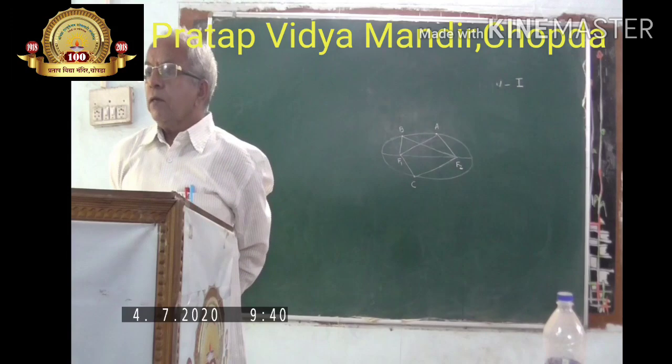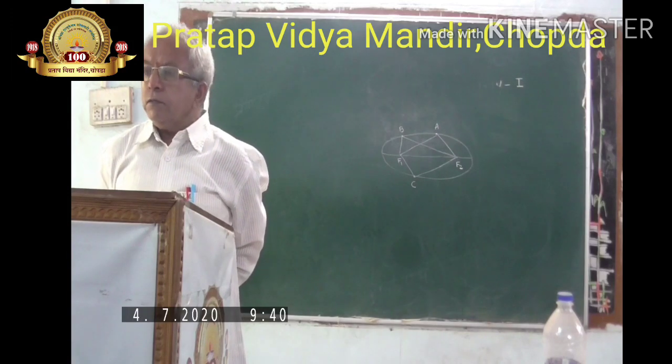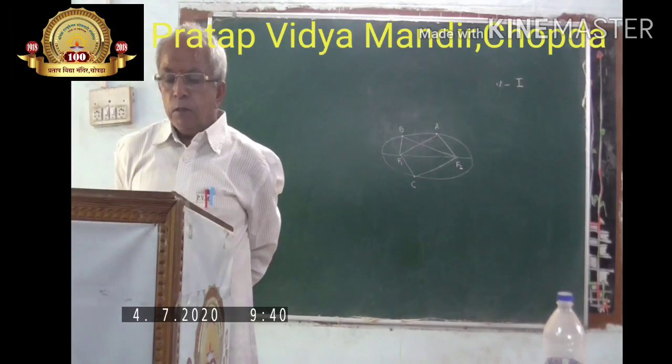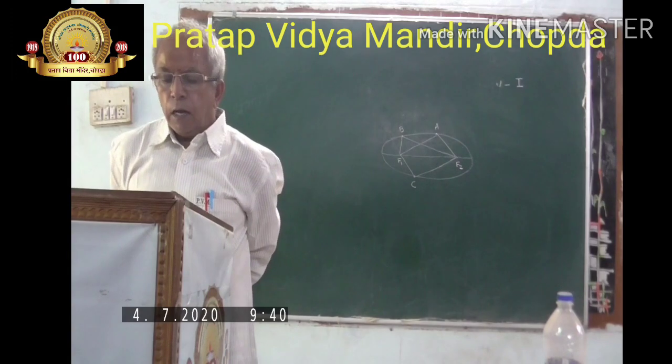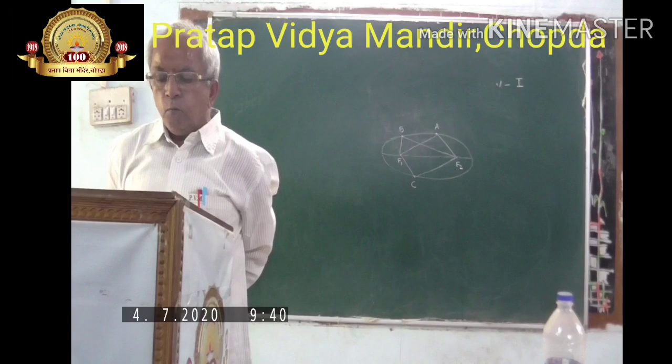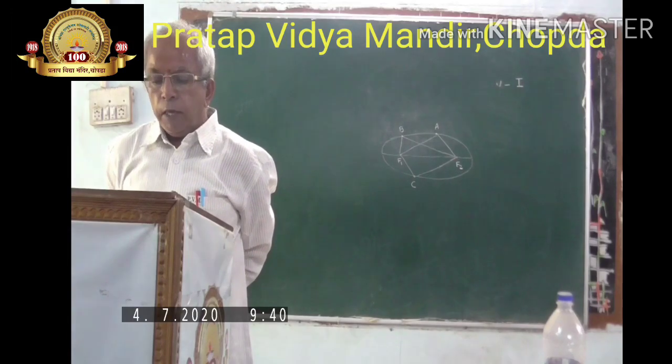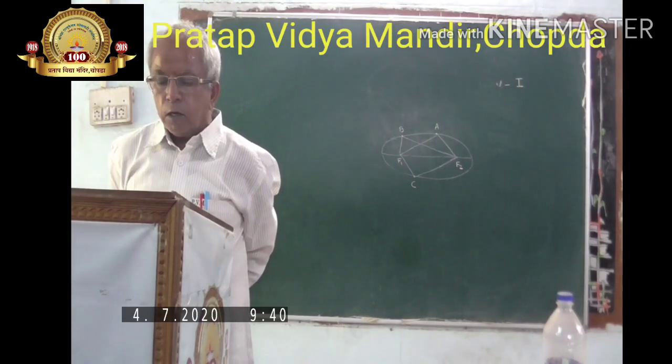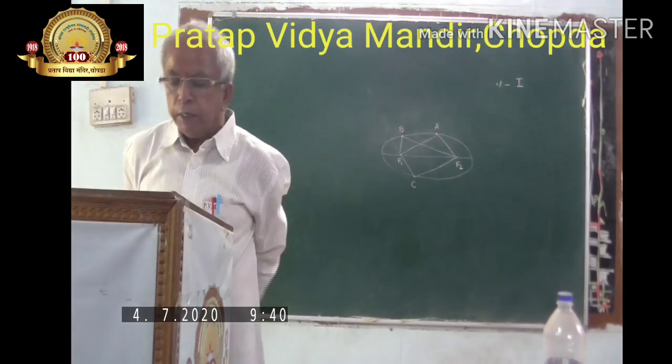Now, in each ellipse, the sum of the distances of the two focal points from every point on the curve is constant.